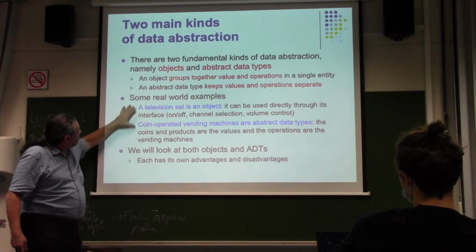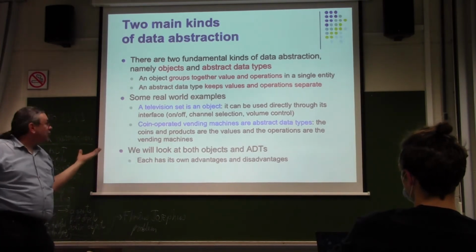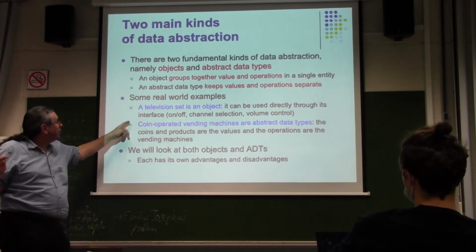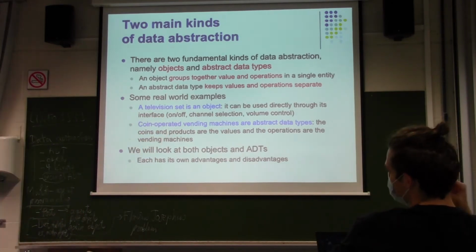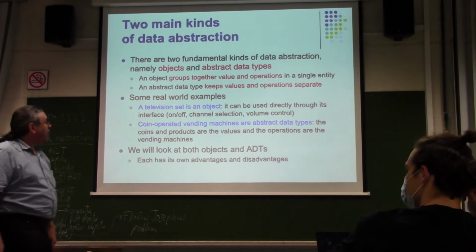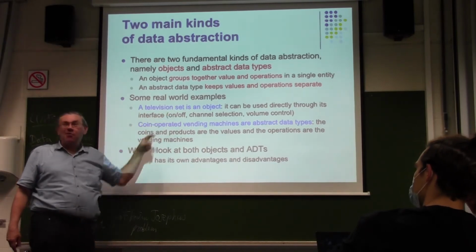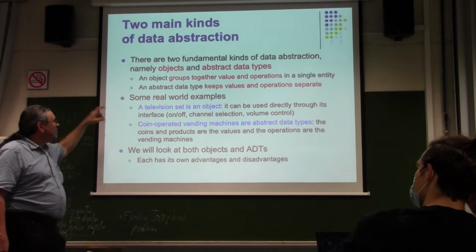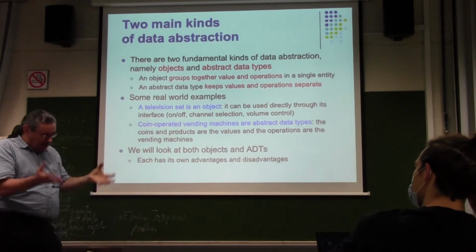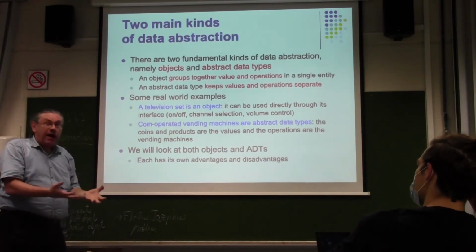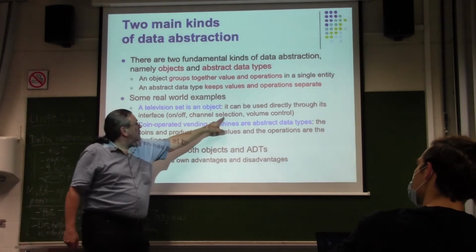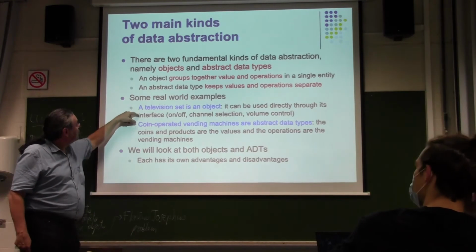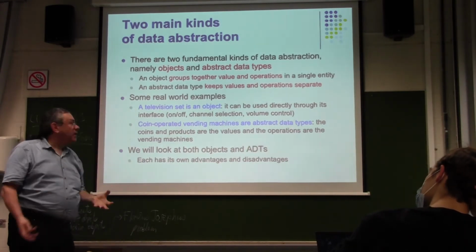So typical example in the real world. So this is actually something you can see in the real world too. Like a television set or this computer or a mobile phone. Television is maybe an old example, okay? This is an object because everything is in one kind of thing. It has an interface, buttons and things and controls, but there's only one kind of thing.